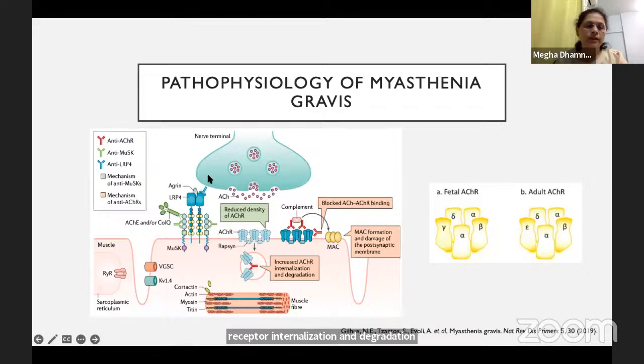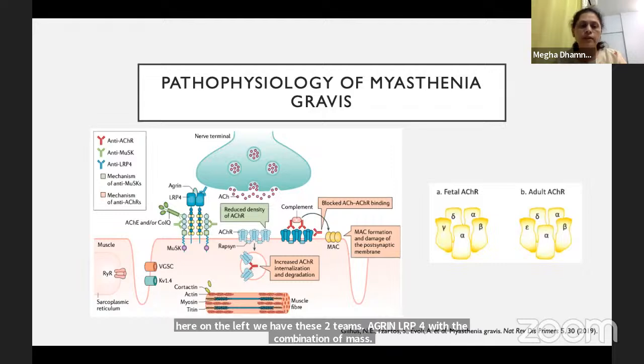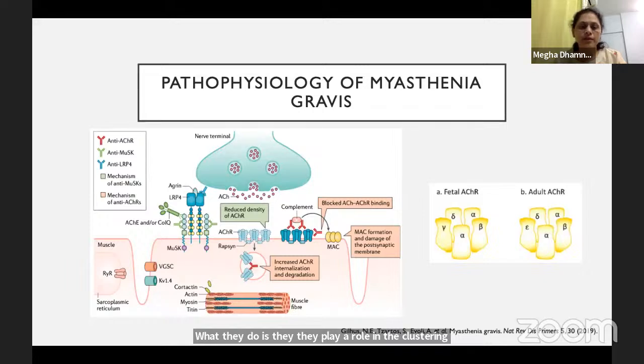Here on the left, we have these proteins, agrin and LRP4, with MuSK. They play a role in the clustering of the acetylcholine receptor at the postsynaptic membrane. Rapsyn also plays a role in cross-linking of the acetylcholine receptor, which helps in clustering and stabilizes the membrane.